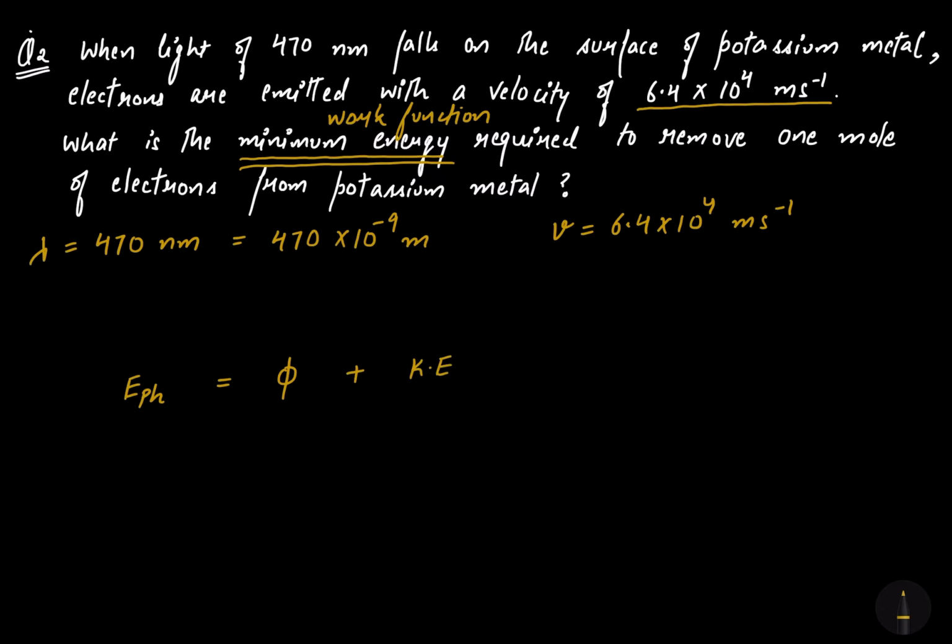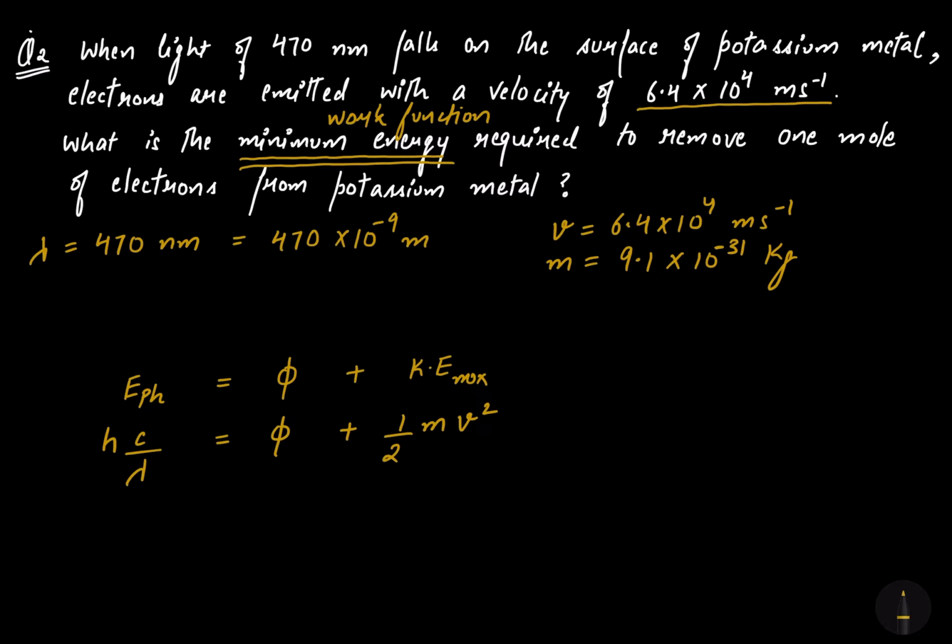The formula for kinetic energy is half mv square. Velocity is given. The mass of electron is 9.1 into 10 raised to the power minus 31 kilograms.